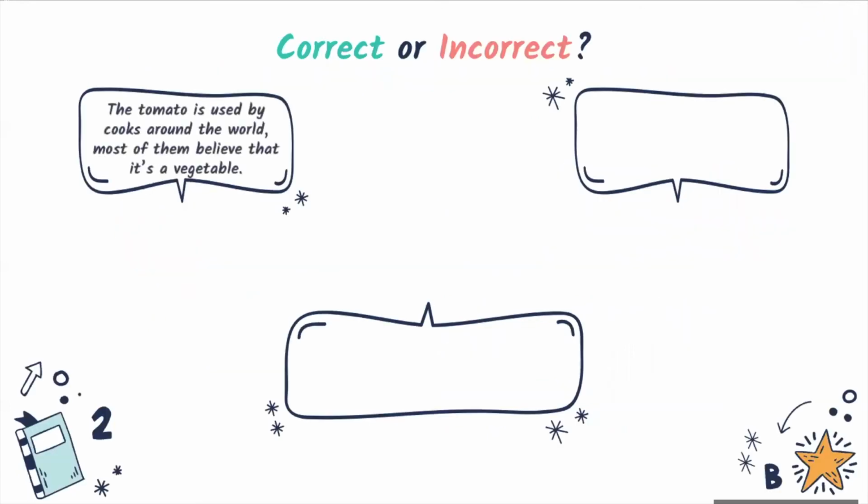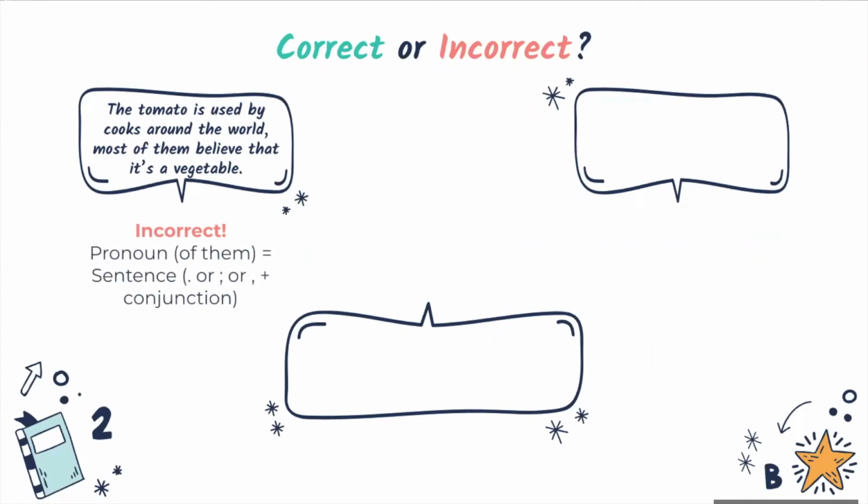Okay, so now we're going to go over some examples and see if they're correct or incorrect. The first one is: the tomato is used by cooks around the world, most of them believe that it's a vegetable. That's incorrect because that's two independent clauses.